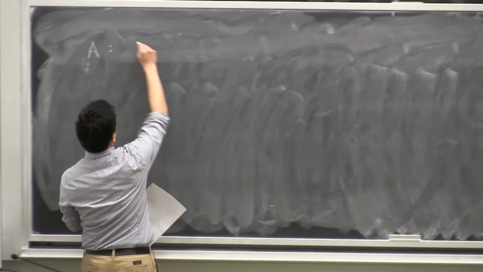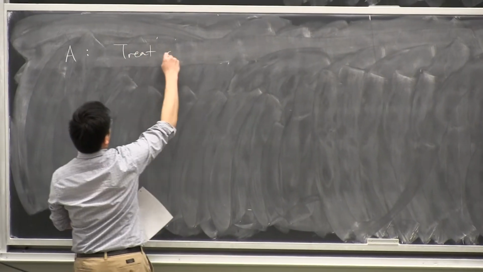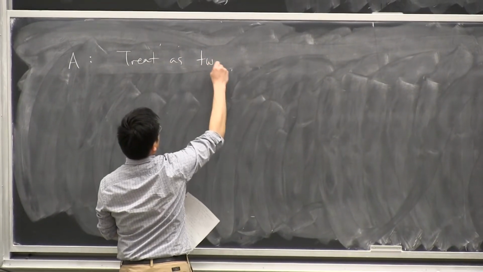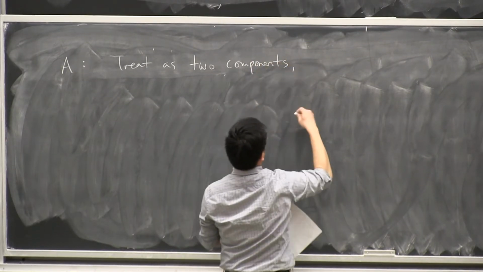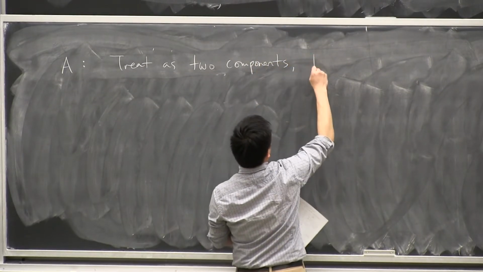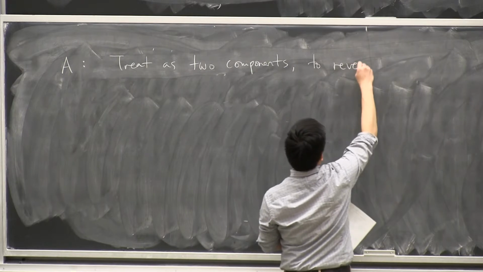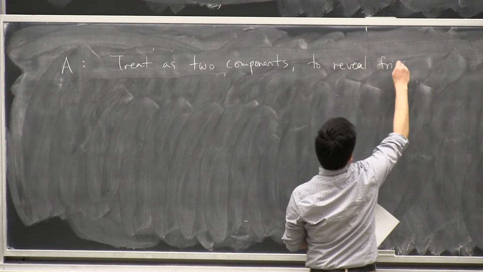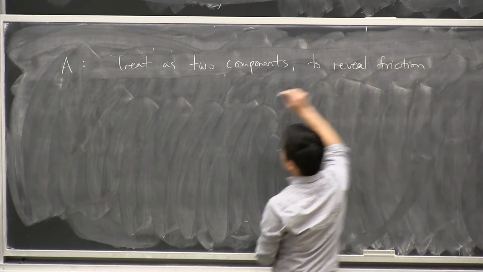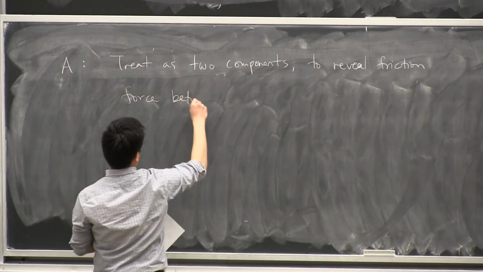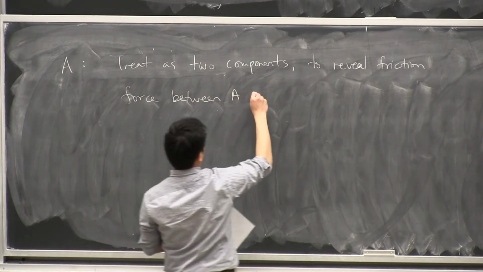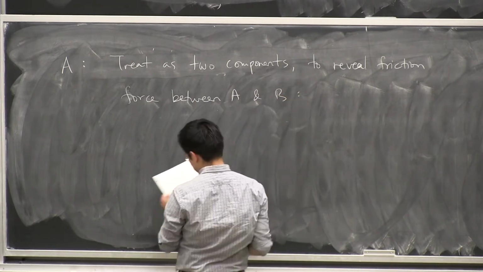The answer is treat as two components. And I'll say that the main reason is to reveal friction force between A and B. Okay?